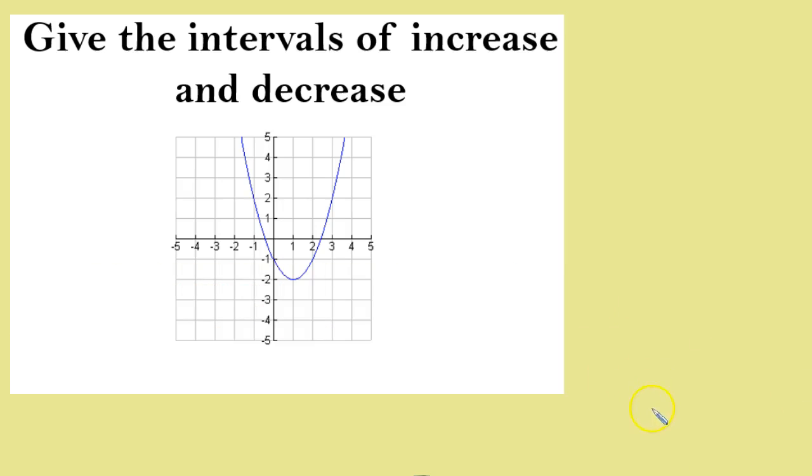So our question asks us to give the intervals of increase and decrease. We are going to write these in interval notation always, but when we do this, I should capitalize this and put it in flashing lights, and you just need to know this. It is always going to use the x values.